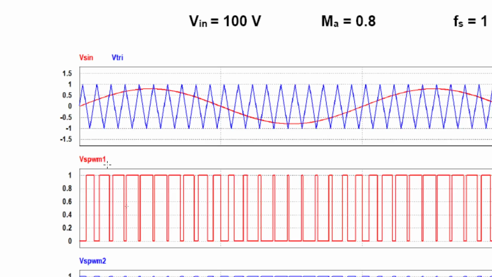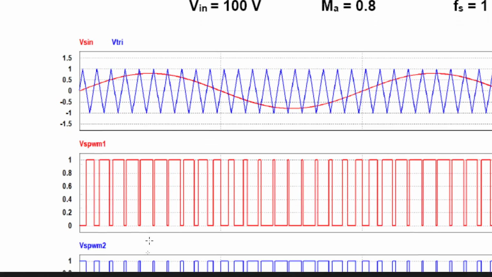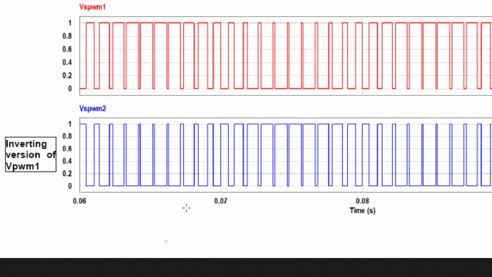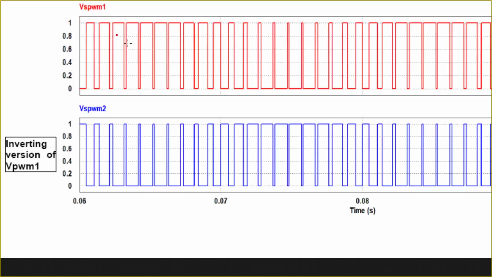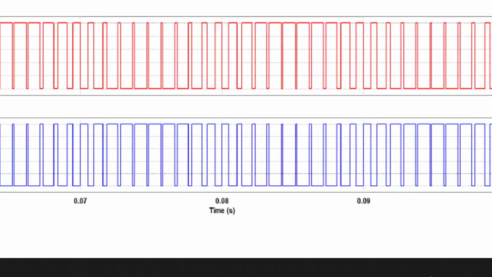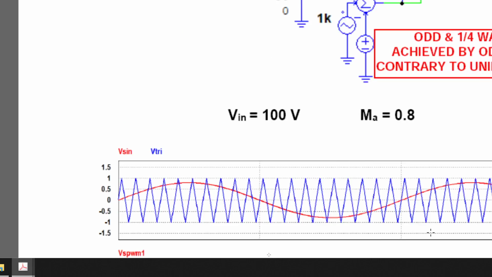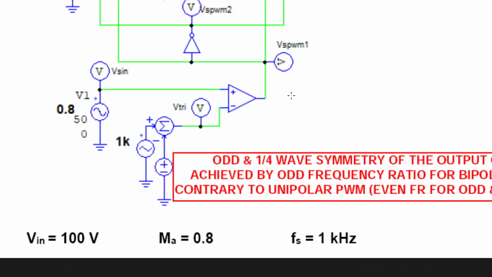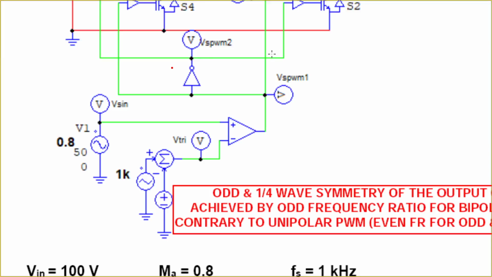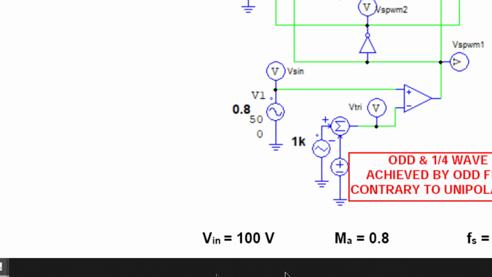And then for the other switch, we get the inverting version, the mirror image of the first PWM signals. That's why in this simulation we have an inverter. Right? It inverts whatever signals that you have.